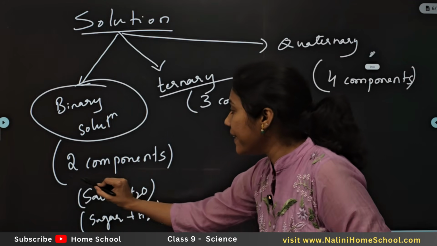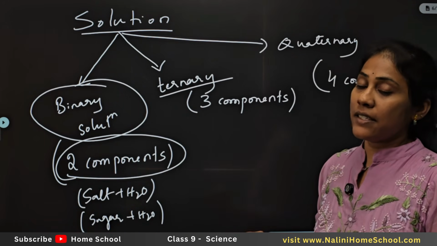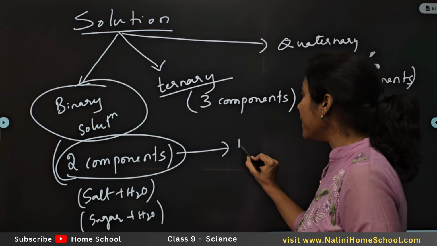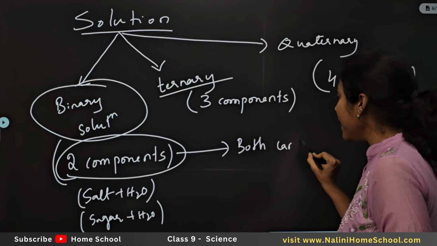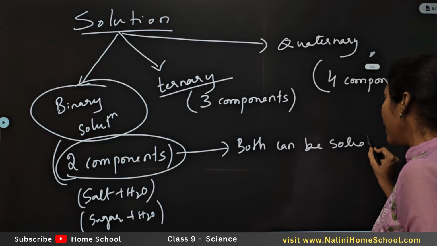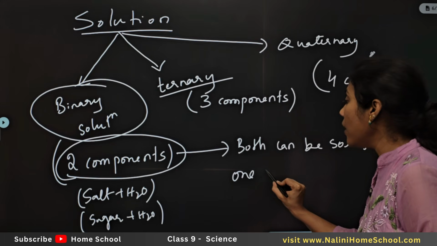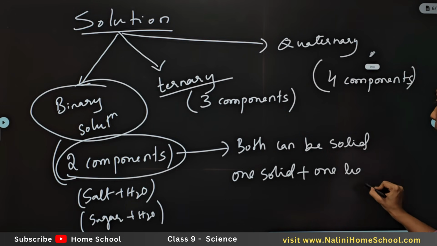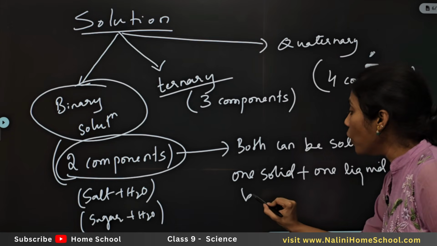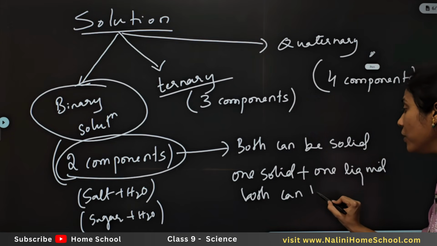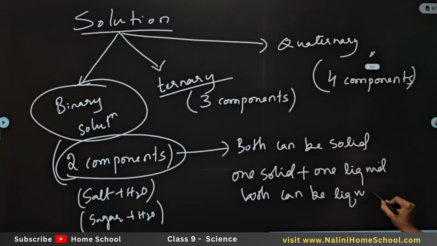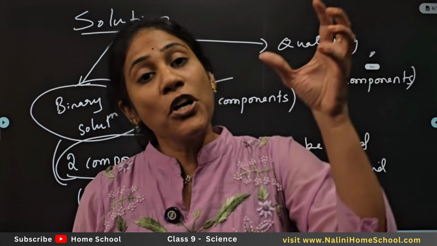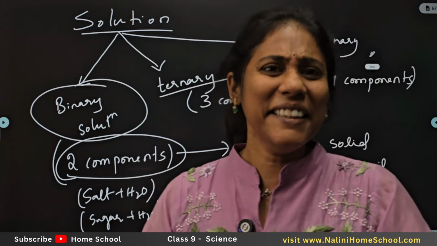Whatever the two components in a binary solution, both can be solid, or one solid component and one liquid component, or both can be liquids, both can be gases, a liquid and a gas combination, a solid and a gas combination, anything it can be.